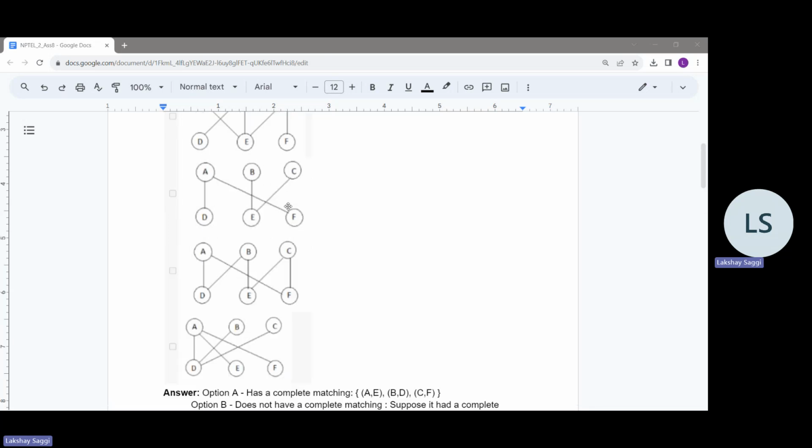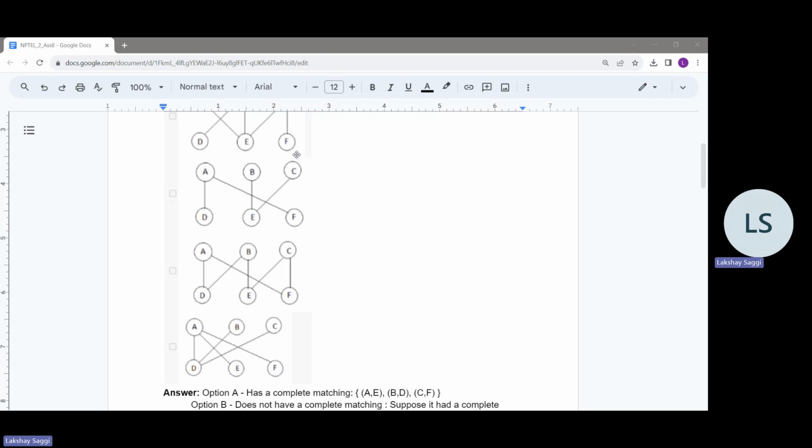So in options B and D, if you already know what Hall's theorem is and what a Hall set is, then for that audience, I'm just saying how we can say that option B does not have a complete matching. The vertex set of B comma C actually forms a Hall set.